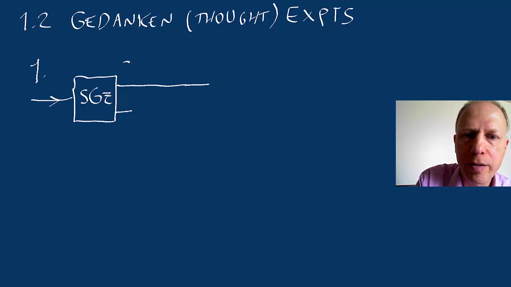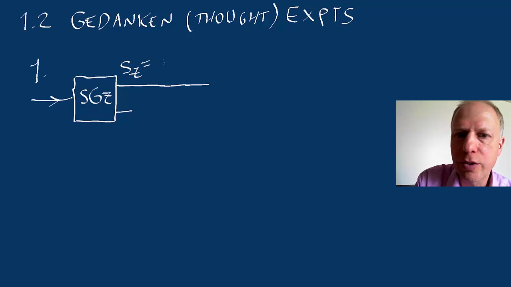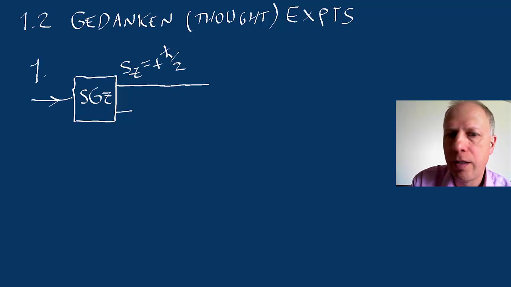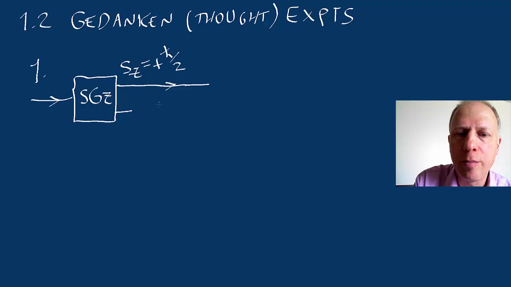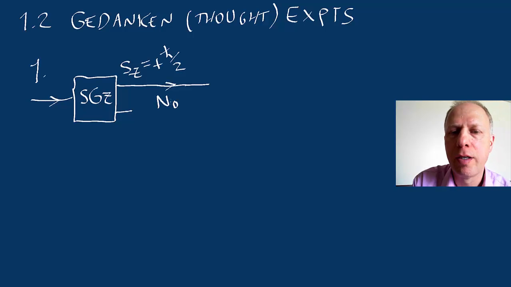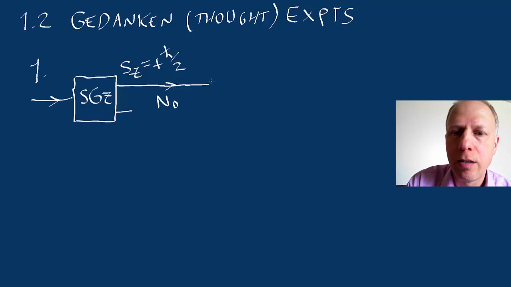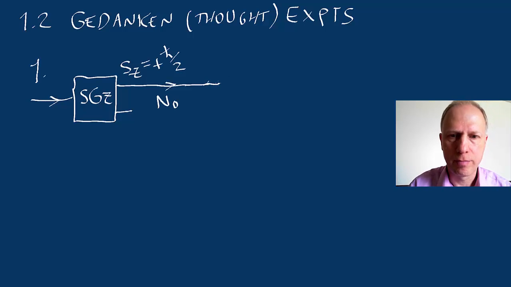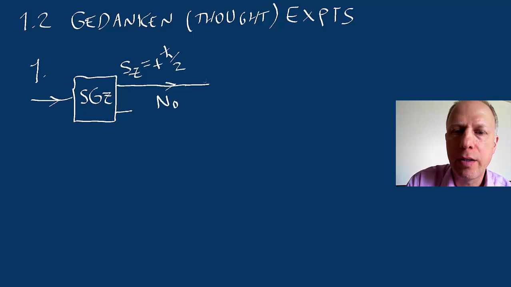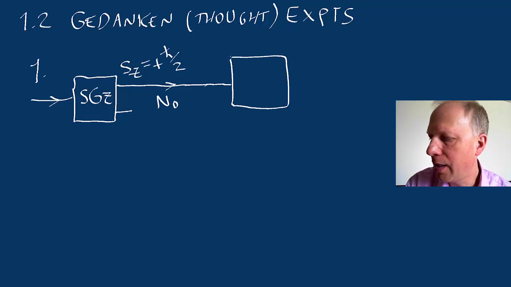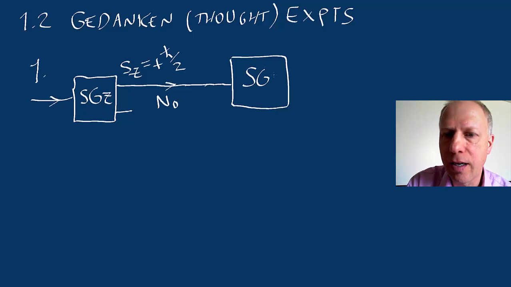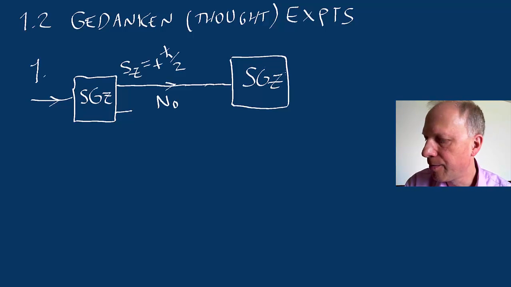So this is the part of the beam that has a z component of spin equal to plus h bar over 2. And let's say that there is a number of atoms n0 coming through this part of the experiment. We send those into an SGZ device, another SGZ device.